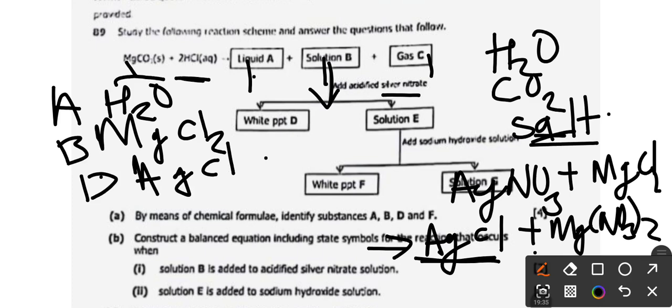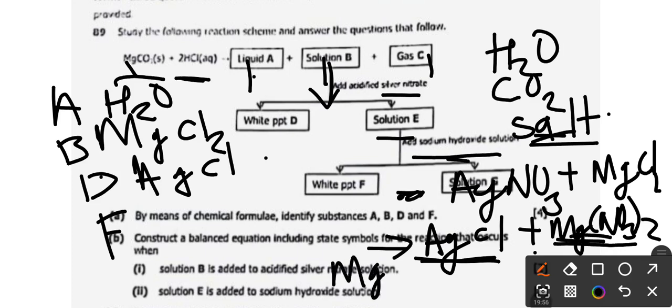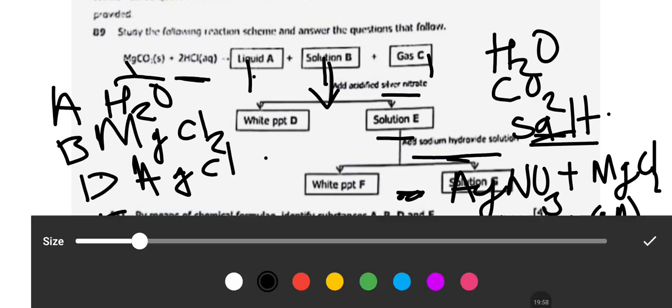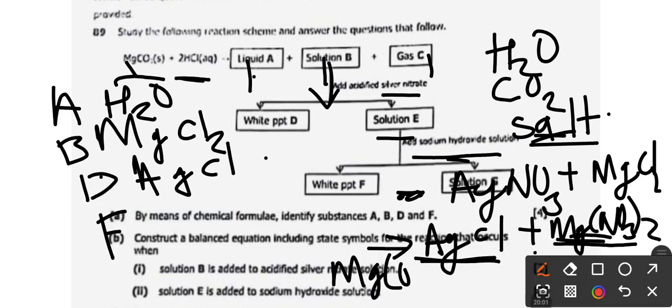Then F. Here, solution E, if you follow this chemical equation, is magnesium nitrate. When we add sodium hydroxide to magnesium nitrate, a white precipitate of magnesium hydroxide is formed.